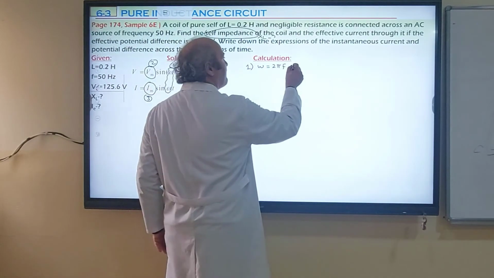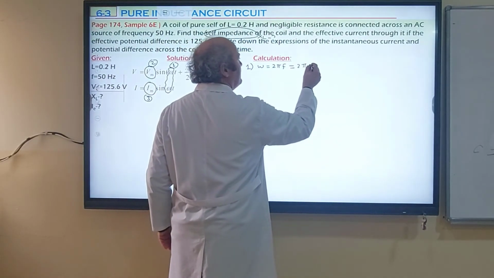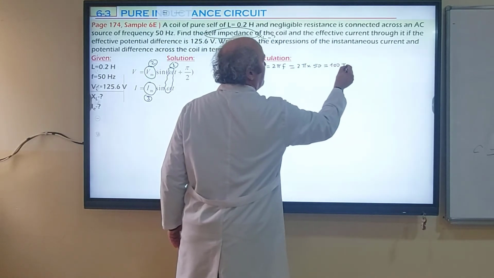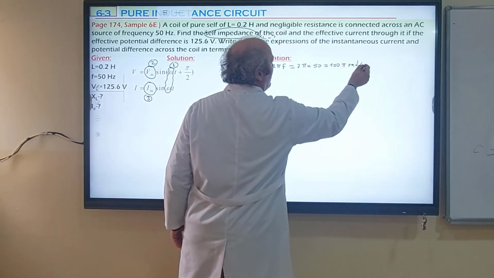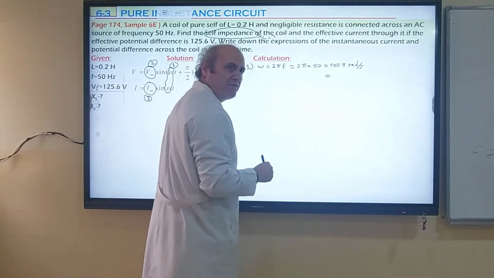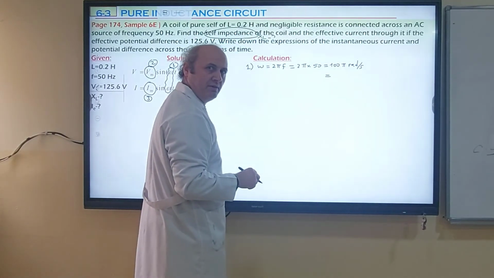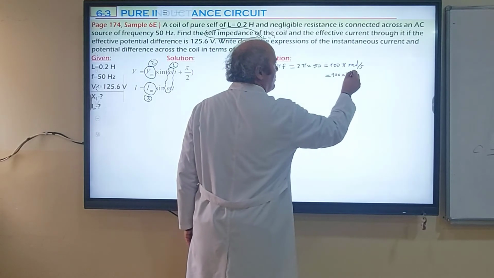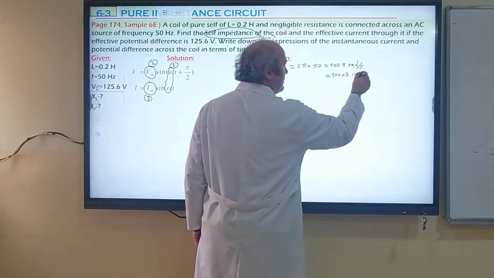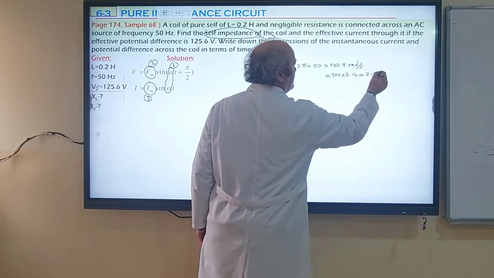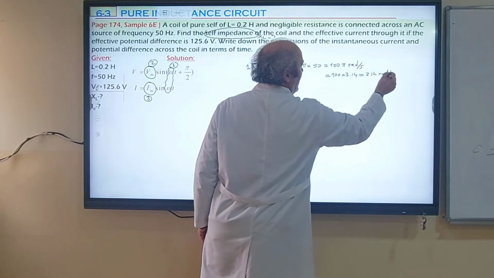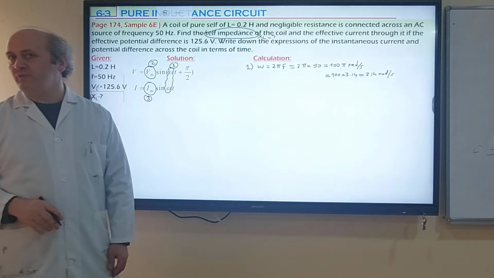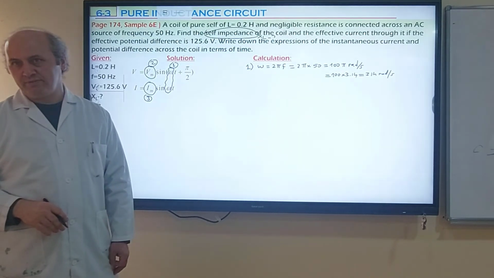So 2 pi f, with f equal to 50, is 100 pi radian per second, or if we write 3.14 instead of pi, 314 radian per second. This is omega. We need both of them.